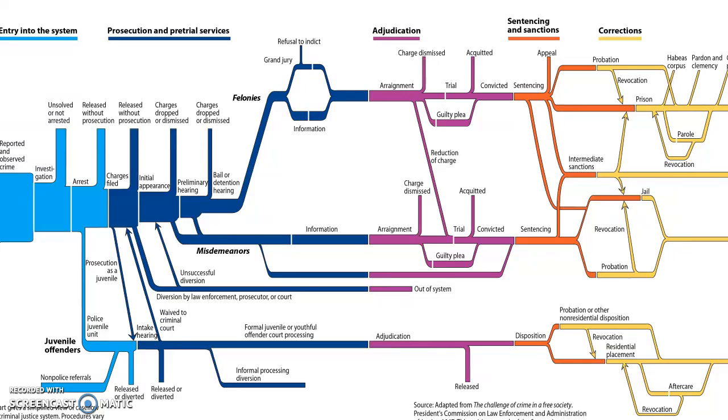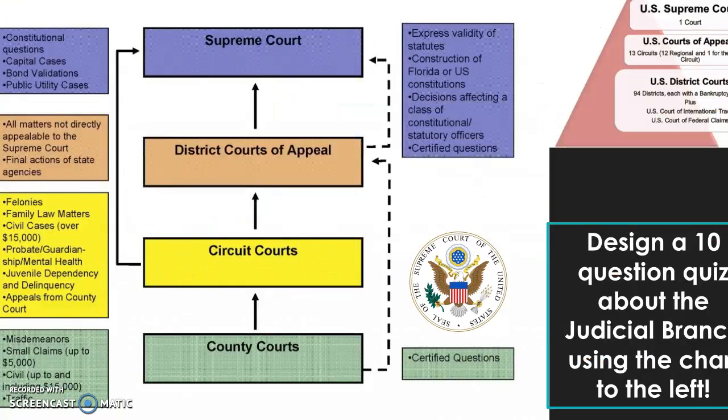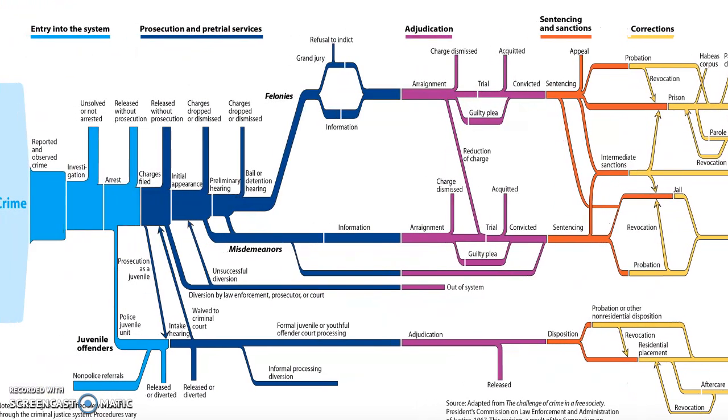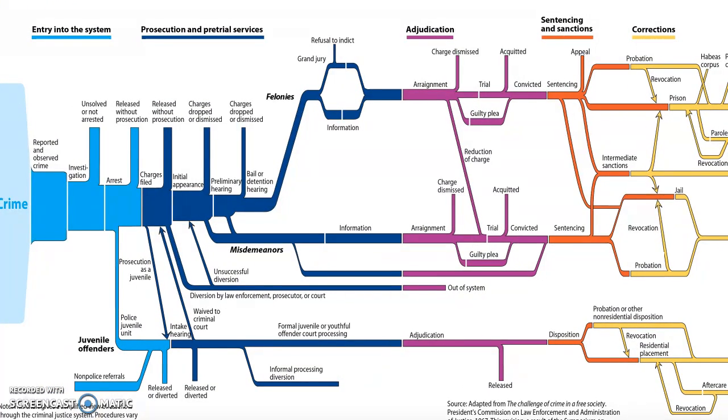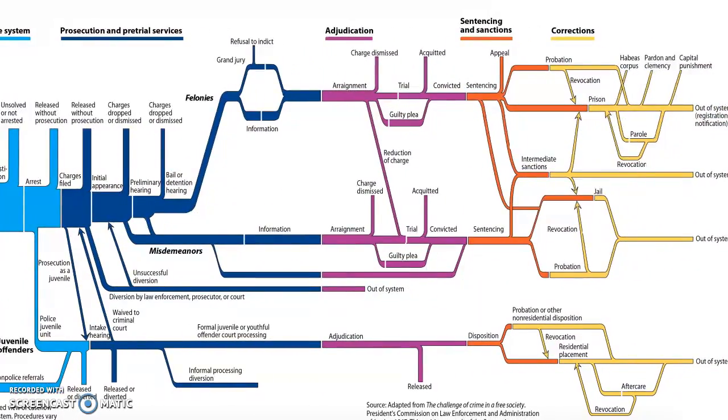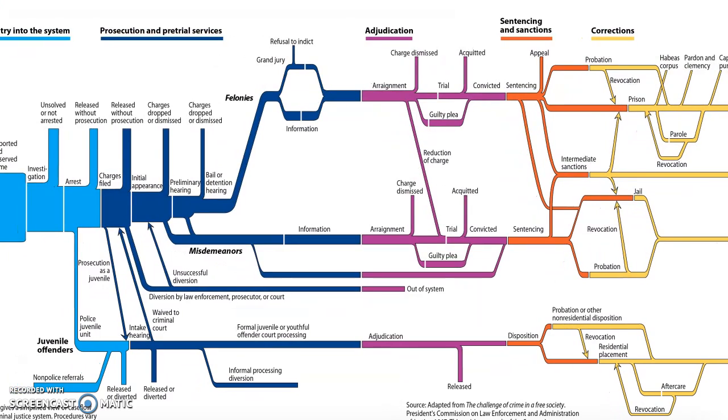This chart is by no means something that you need to have memorized, and you'll notice I'm going to move this screen grab around a little bit so you can see it all. It starts here with a crime, and then this is the sequence of events through which someone could be processed in the criminal justice system.